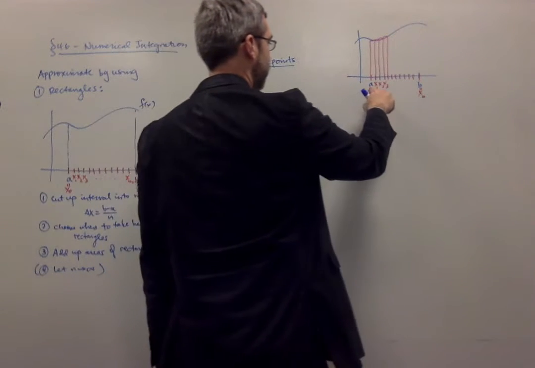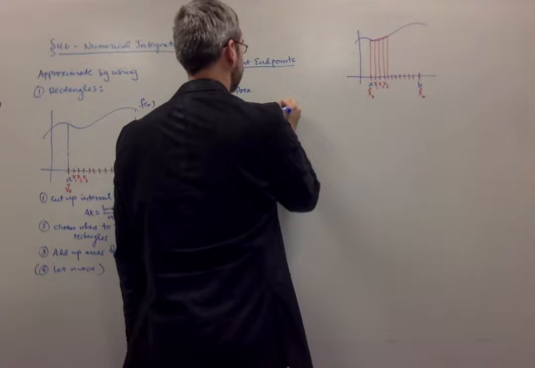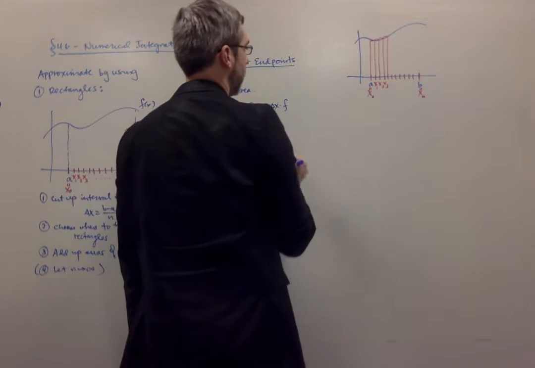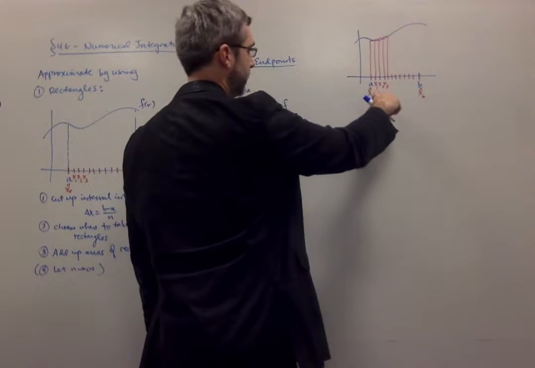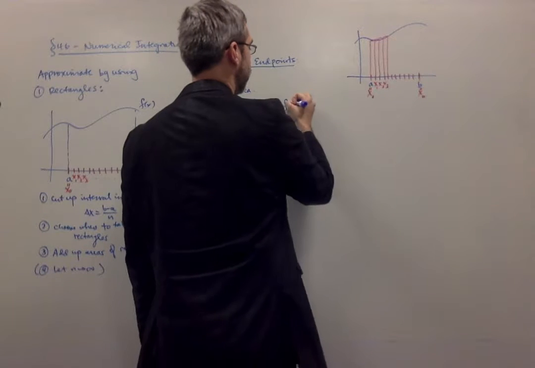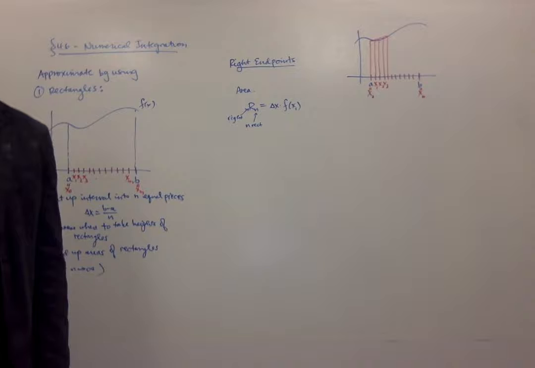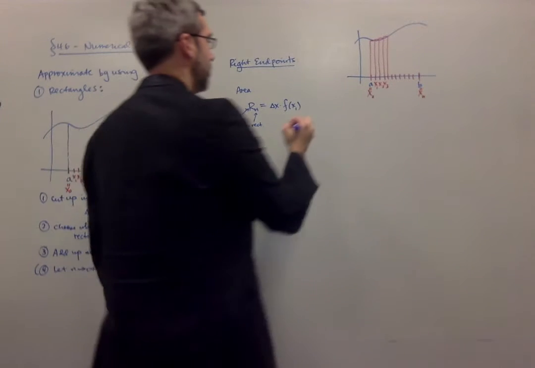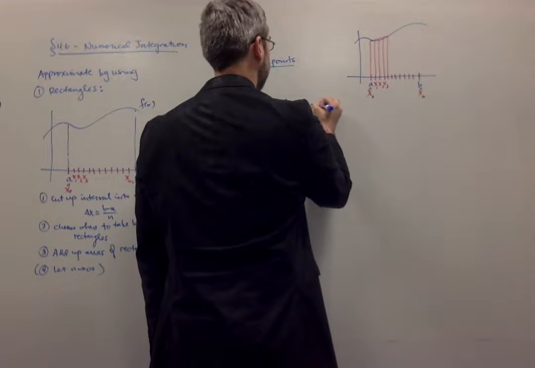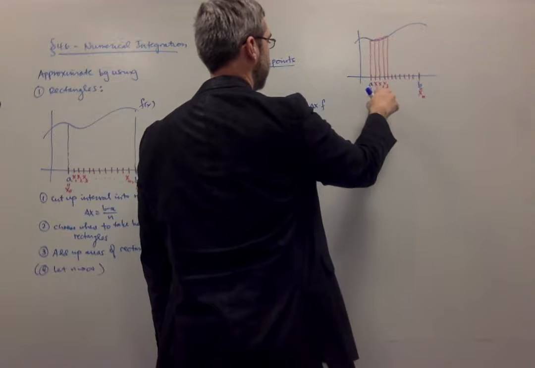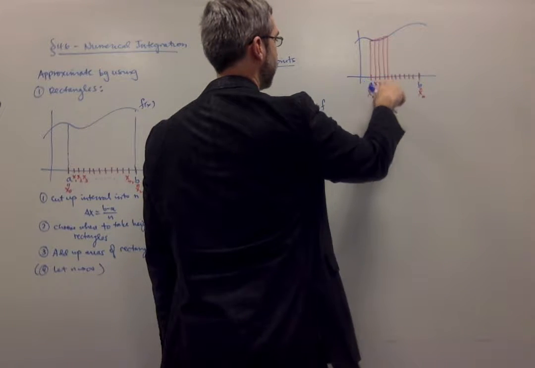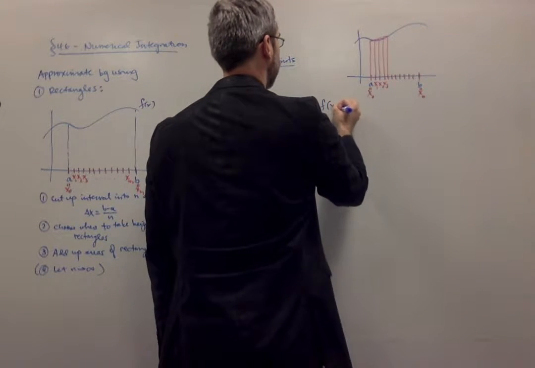So the first rectangle is width delta x, and the height is what I get when I plug in the right endpoint, so I'm plugging in x sub 1. Okay. The next rectangle has width delta x, and height, what I get when I plug in the right endpoint, so I'm plugging in x2.